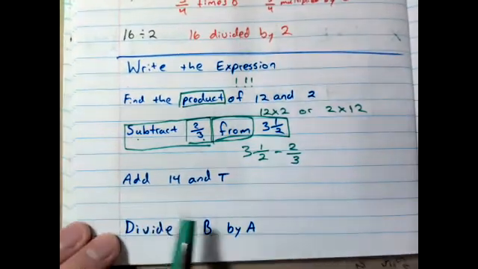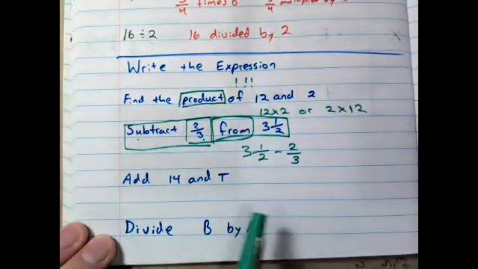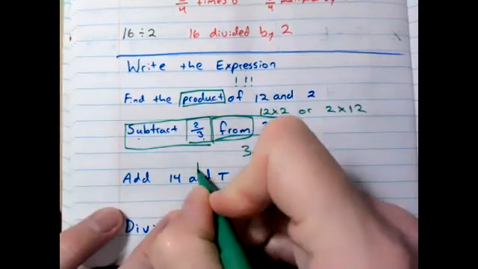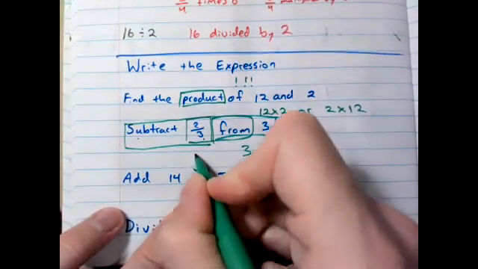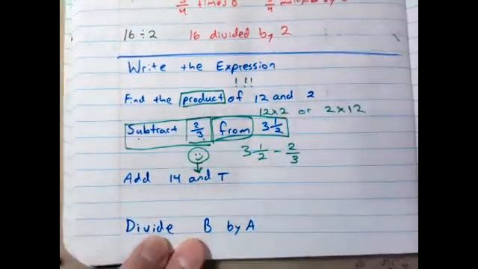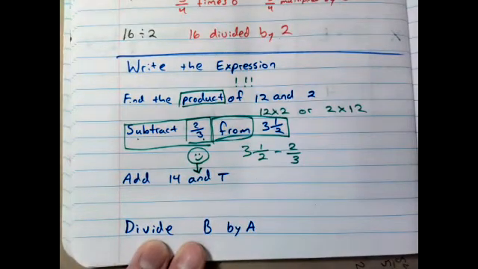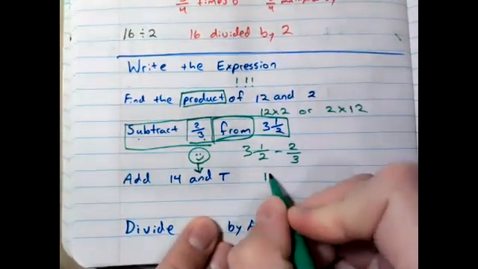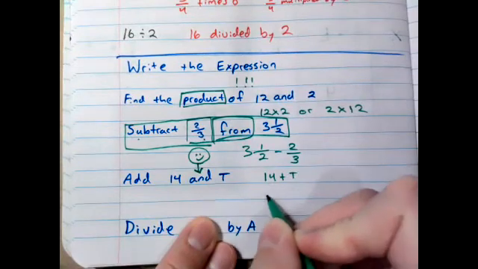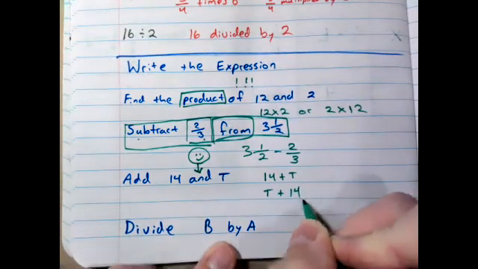All right, next up, add 14 and t. And my conjunction is a dead giveaway. Simply 14 plus t, or t plus 14.